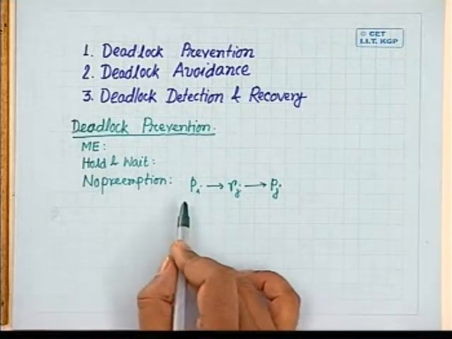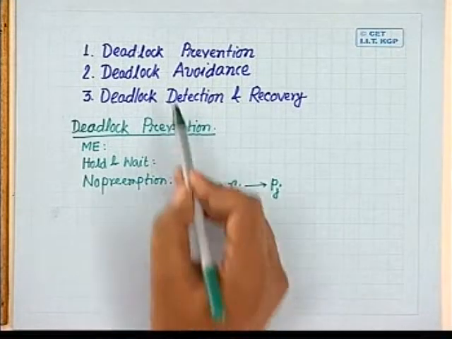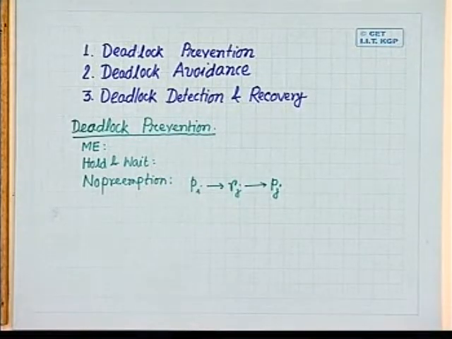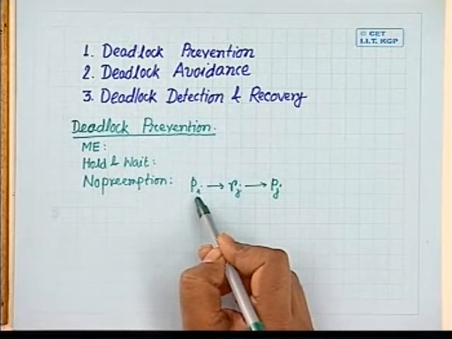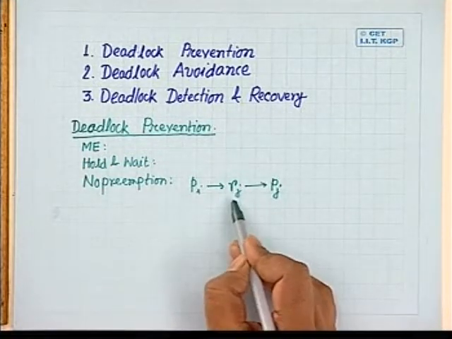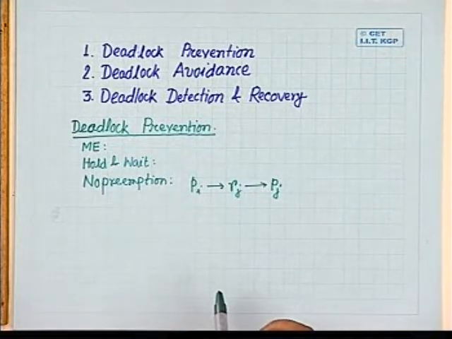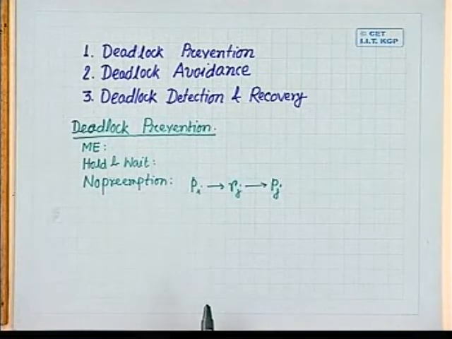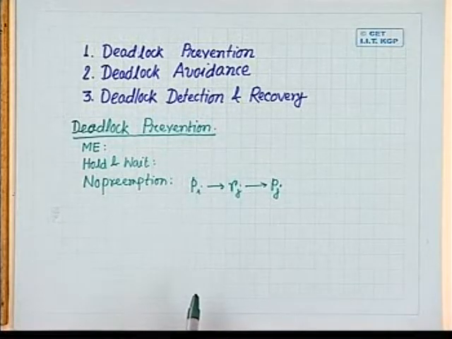Okay. So I can have a situation like this, and that is one of the reasons which leads to deadlock. Right? So here what I can do is, whenever a process Pi puts a request for a resource type Rj, and it is found that Rj is currently allocated to some other process Pj, that means Pi has to wait for Rj. At that point I can take one of the two approaches.